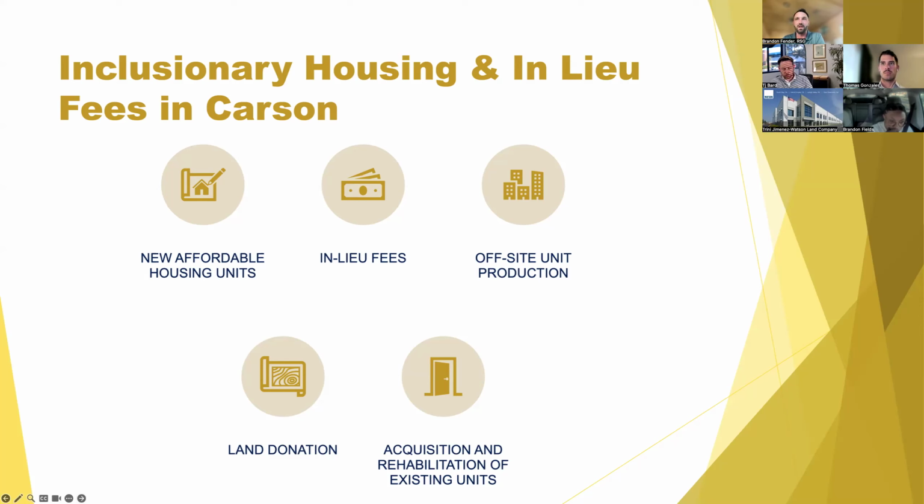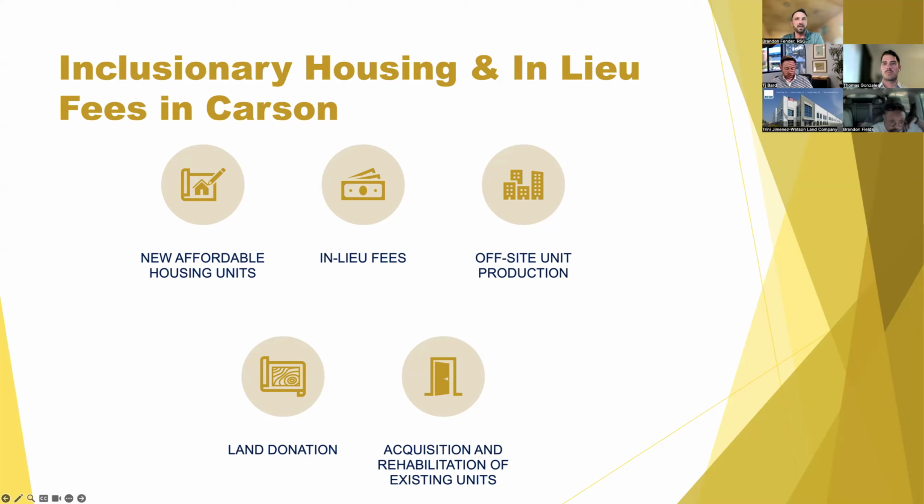And like the in-lieu fees and offsite production alternatives, this alternative would include leveraging local funds with state and federal sources. This option is less commonly exercised, but it gives developers an additional option for fulfillment of the inclusionary requirement.